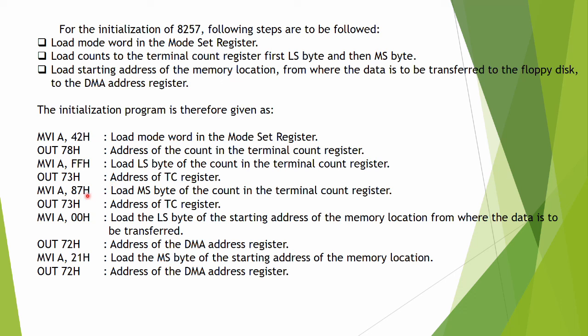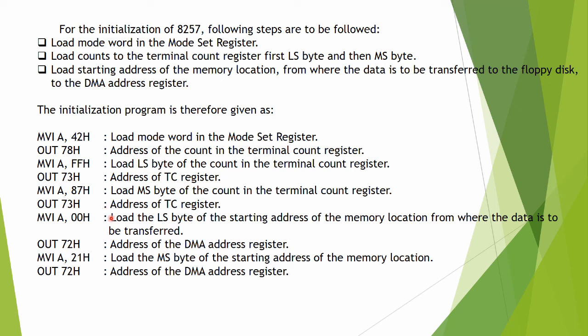MVI A, 87H, that is the most significant byte, we will load into 73H itself, because this is the way we program the 16-bit terminal count register, by loading the least significant byte first and then the most significant byte.